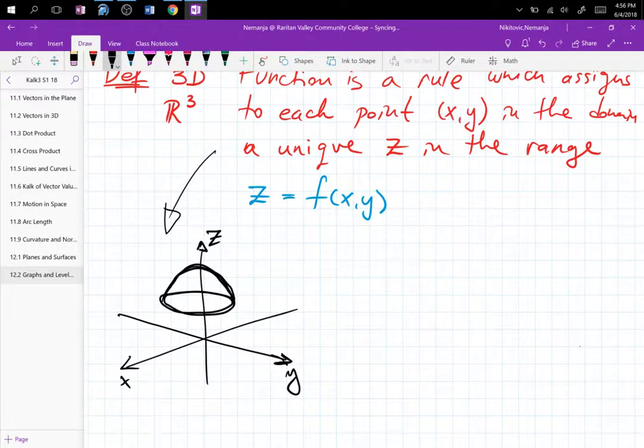Does anyone remember what this is? A cone, hat, and a dome. Elliptical paraboloid. Thank you very much. See, you put your thinking hats on and your dome starts working, and then you come up with the elliptical paraboloid. Very good, very good.